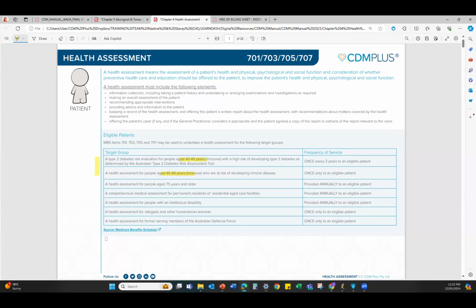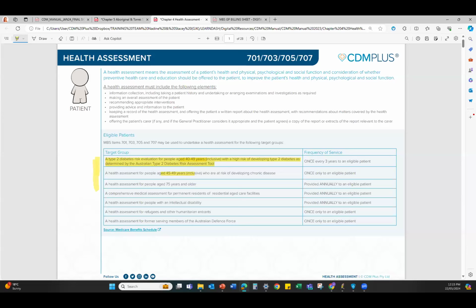So just keep in mind that even though there are 7 health checks in this particular category, the most popular are these first 3. So the 40 to 49, which is those patients that are high risk of developing type 2 diabetes, and we have to use the OSRIS tool to determine that. So we're going to have a look at that together.